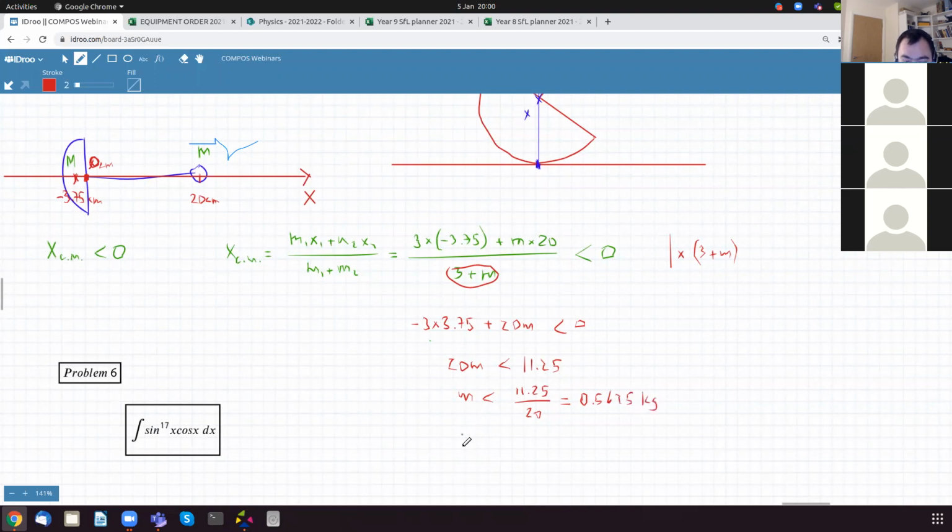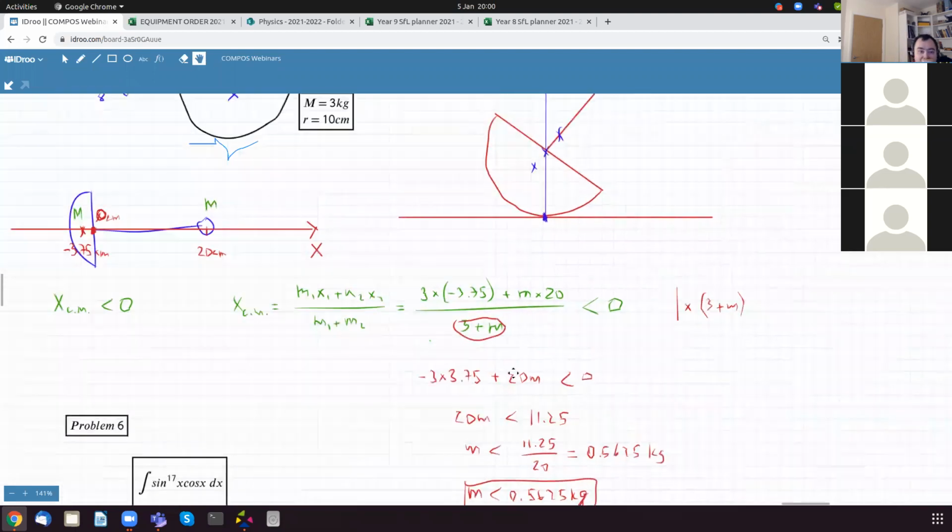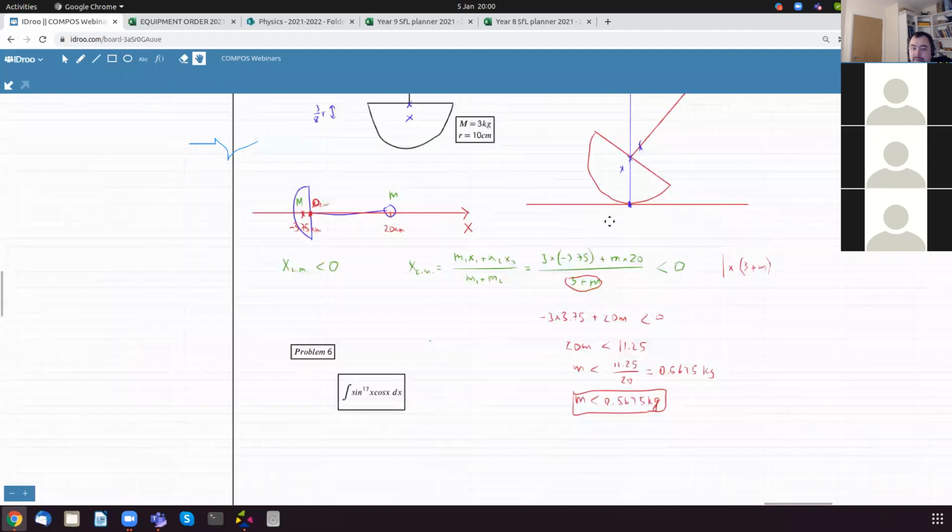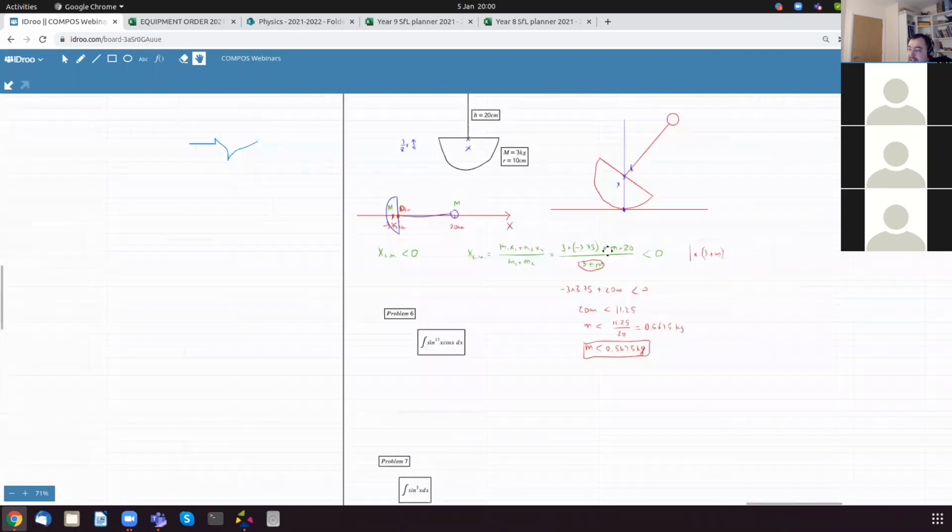So the maximum mass that can be attached is 0.5625 kilograms in order for the toy to be stable. Is that making sense? And maybe any questions?